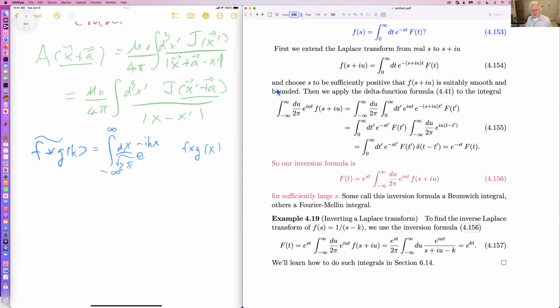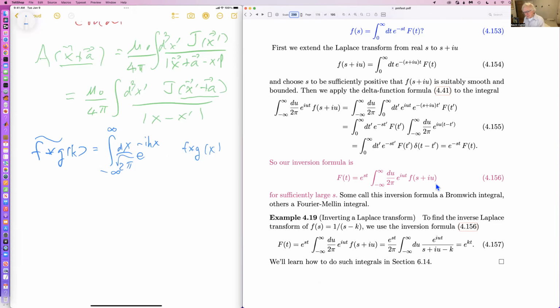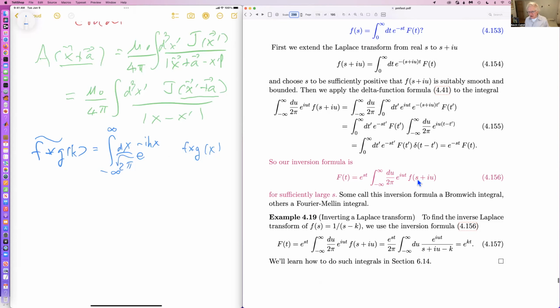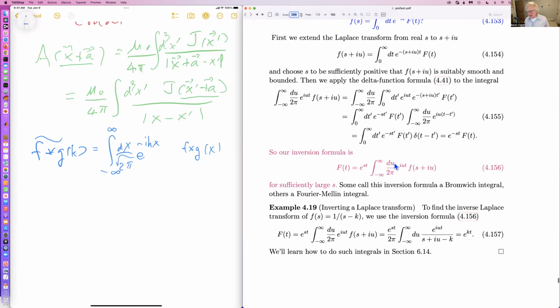So you get that this integral over the imaginary part of the argument of the Laplace transform is actually the function you're looking for, times e to the minus st. So the inversion formula is that the inverse Laplace transform of f is this integral where you're integrating du at a value of s. In other words, s is sitting here in two places, and you choose s sufficiently large that this integral converges. And this is called a Bromwich or a Fourier-Mellin integral.